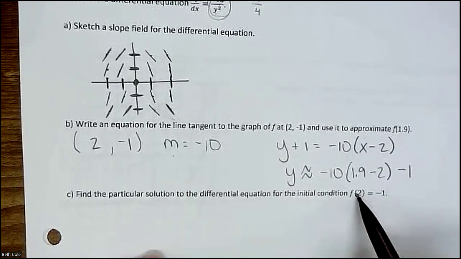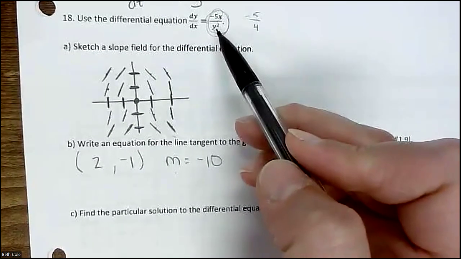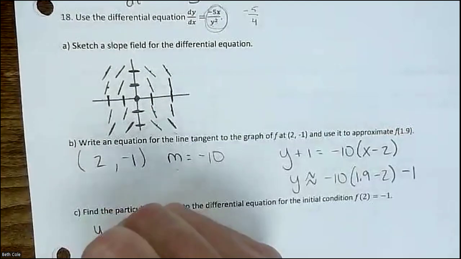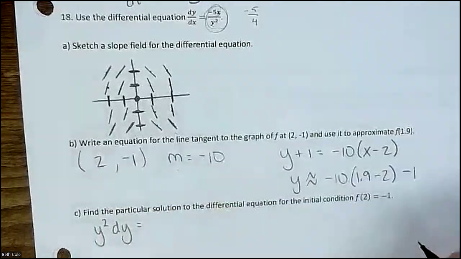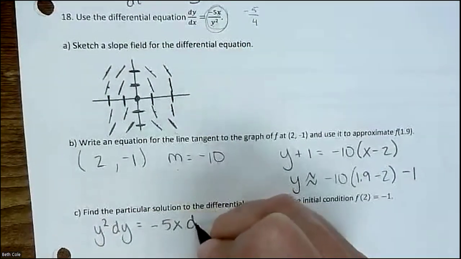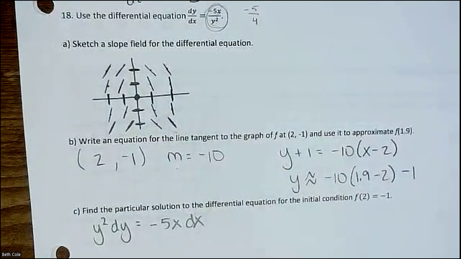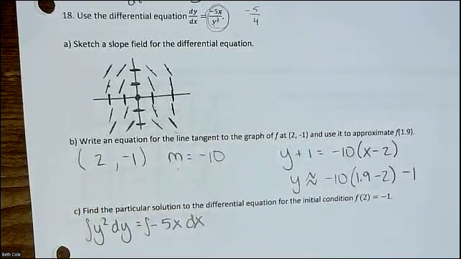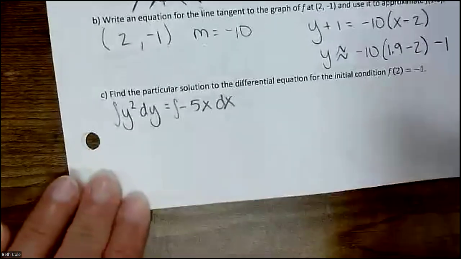All right. Find the particular solution with this initial condition. How would you separate this? Times the y squared. And then multiply over the dx. All right, antiderivative for y squared.